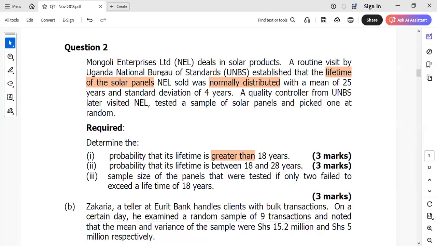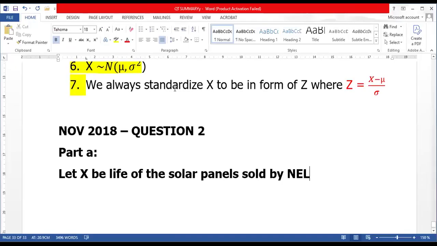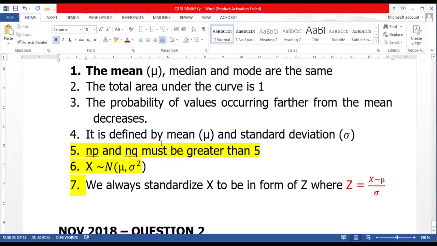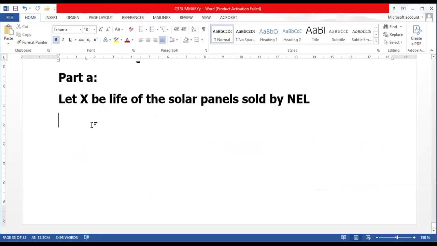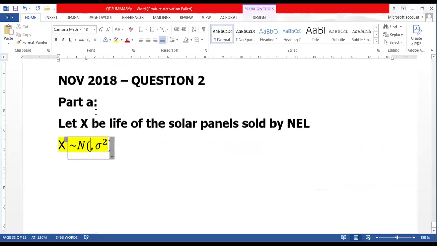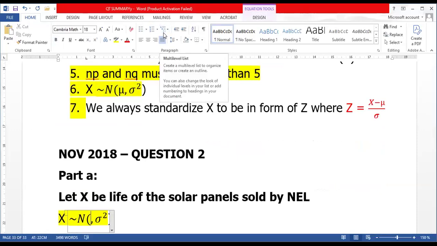Then from one of the properties, your random variable X will always be normally distributed. What is our mean? Mu is our mean. What is our mean from the question?